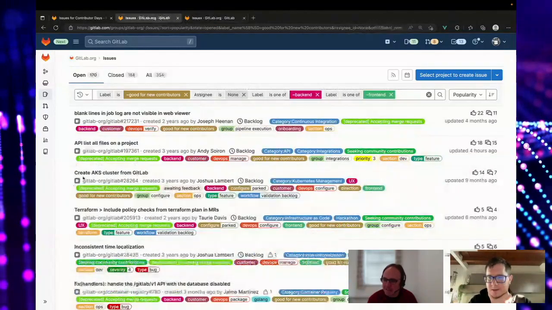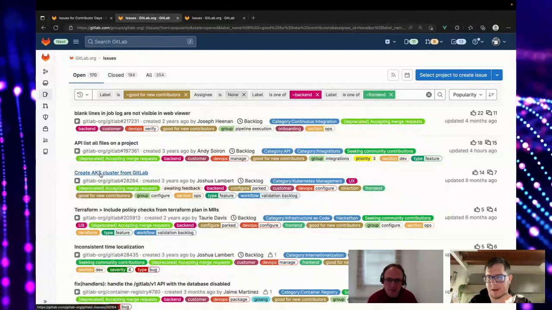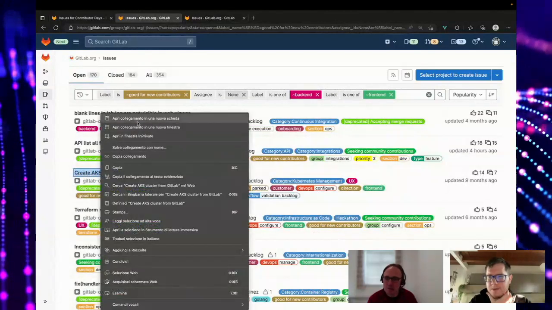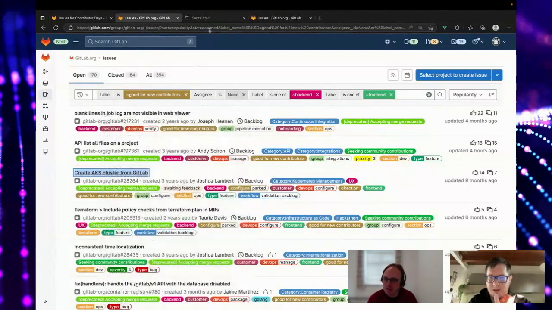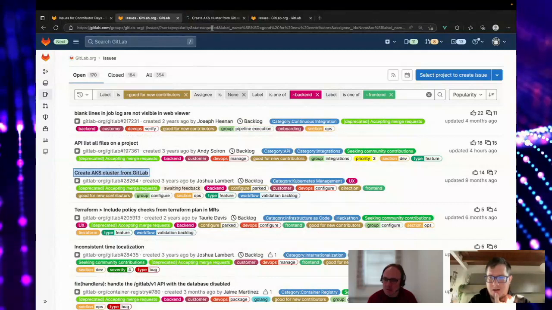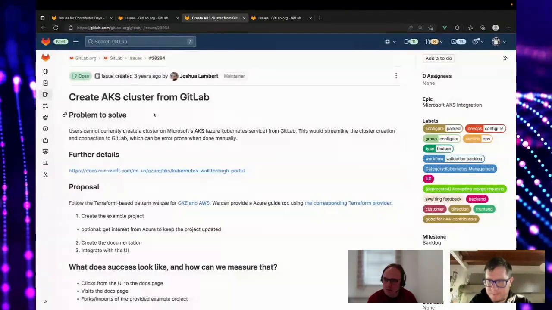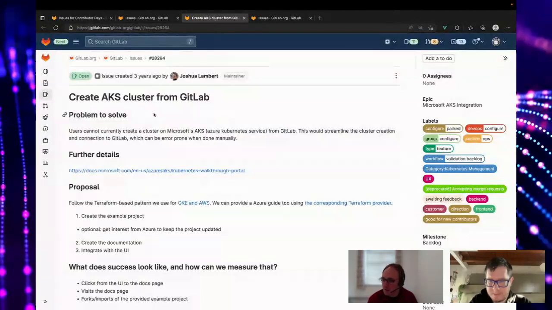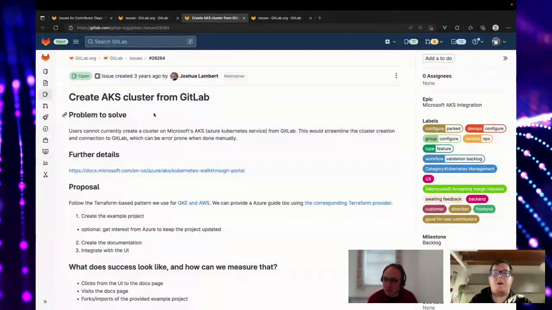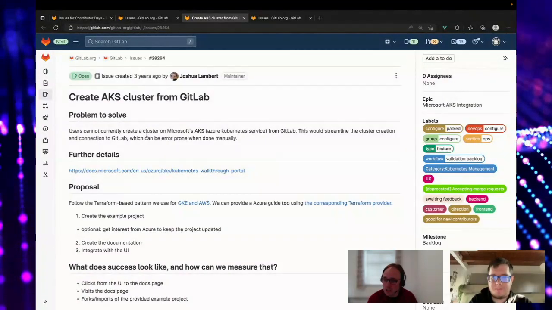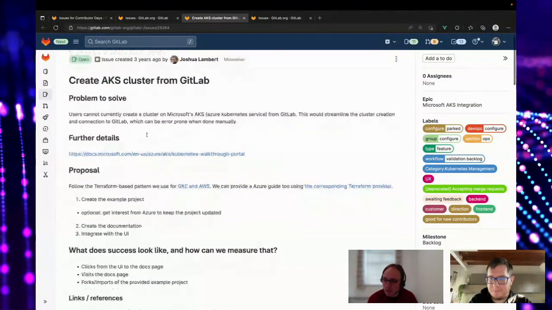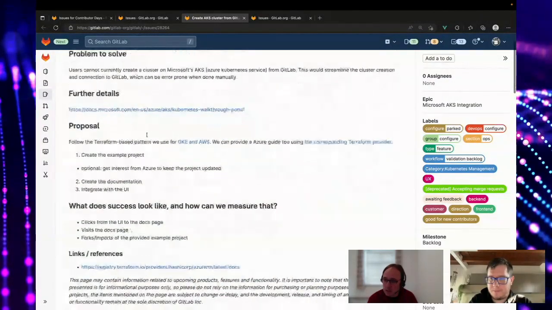And there's also this create ES cluster from Git, which is quite popular. This might be a nice one for someone to potentially commit in.